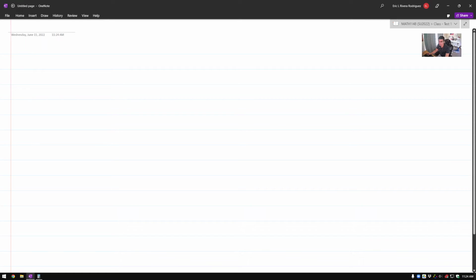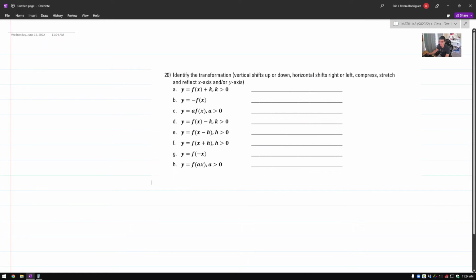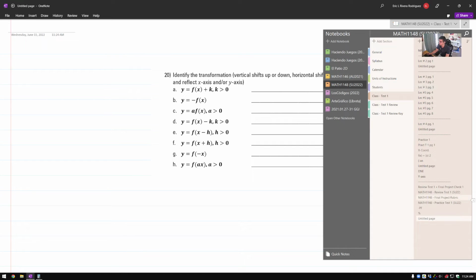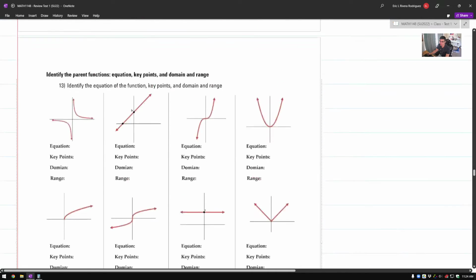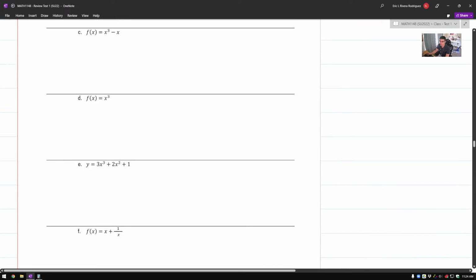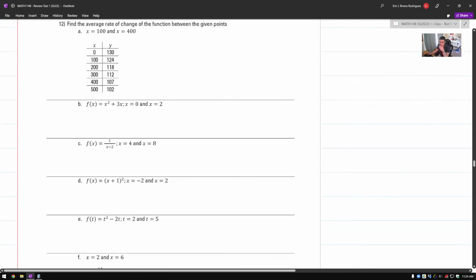So we want to do this one with the following table. Let me go back to the review and show you which one you want to use. Where is it?